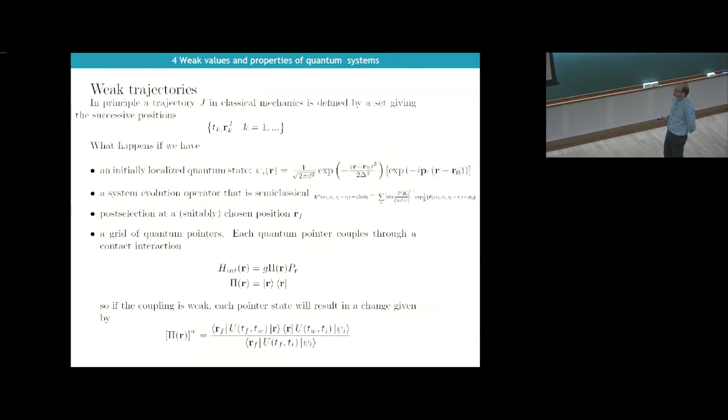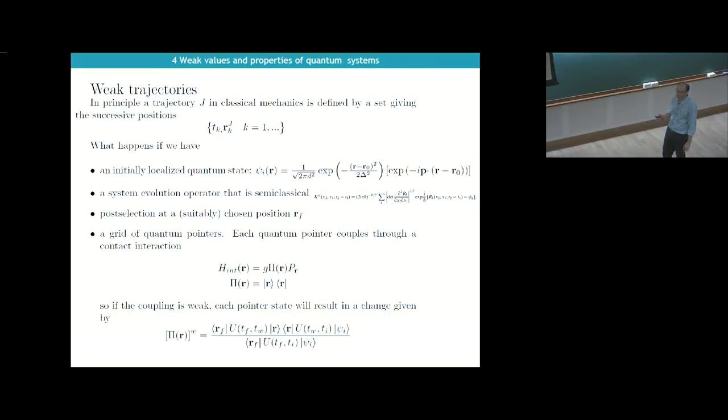So what we try to do is, well, we know that a trajectory will be defined by the position at some given time. And of course, ideally, we would like to have the time interval go to 0, so you can monitor continuously. In practice, we will just assume we have weakly interacting pointers placed on the grid. So we start from an initial quantum state that is well localized in position.